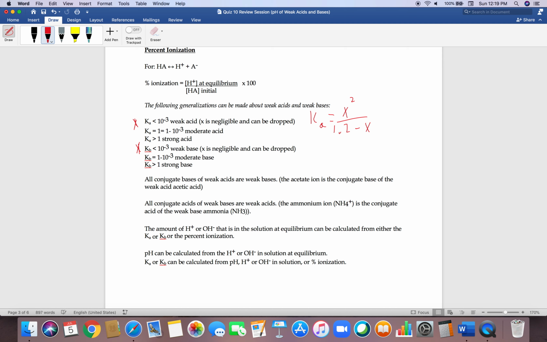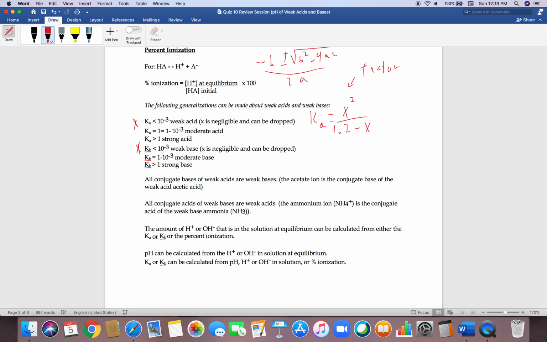Now, if we can't drop this x here, we'll actually have a quadratic expression, and we would need to solve this to find the x. And to do that, you would need to use the quadratic equation, which is negative b plus or minus the square root of b squared minus 4ac over 2a.